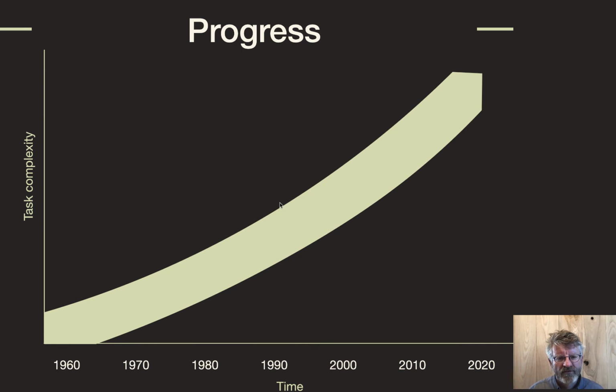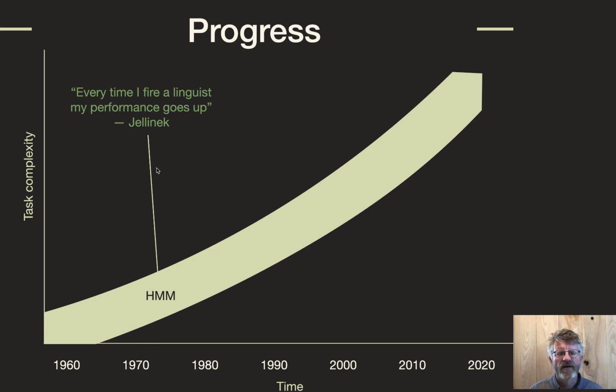So let's see, the same development time here starting in the 1960s, and this is the task complexity, so the speech recognition task complexity. Well, in the middle of the 1970s, someone called Jelinek at IBM noted that every time I fire a linguist, my performance goes up.